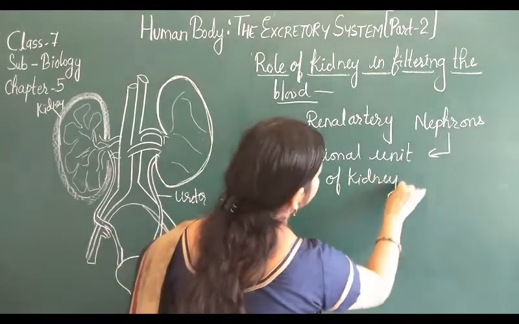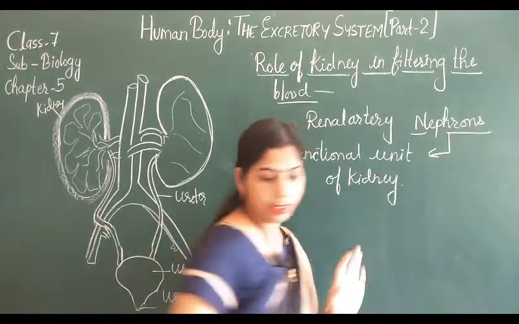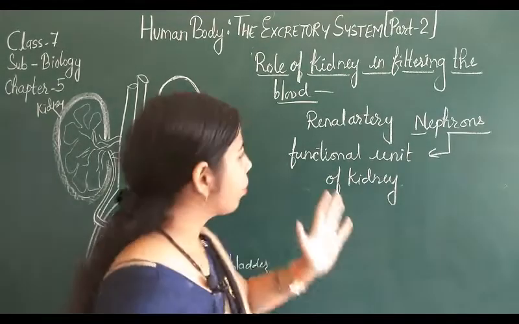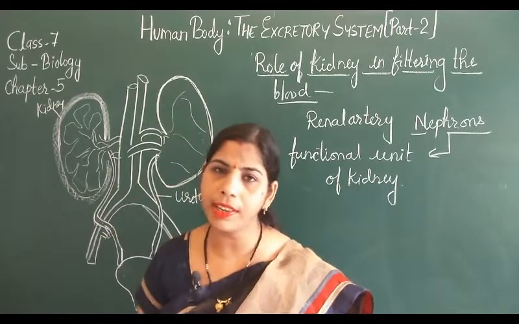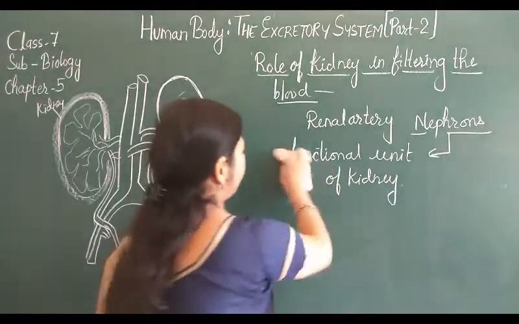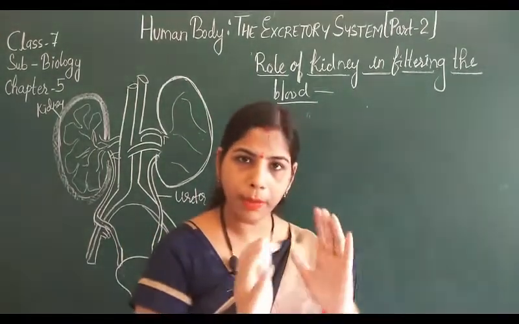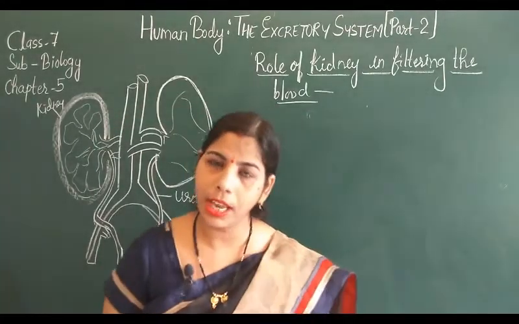This functional unit, the nephron, helps in filtering the blood. These nephrons are surrounded by a number of blood capillaries which bring blood to the nephrons.